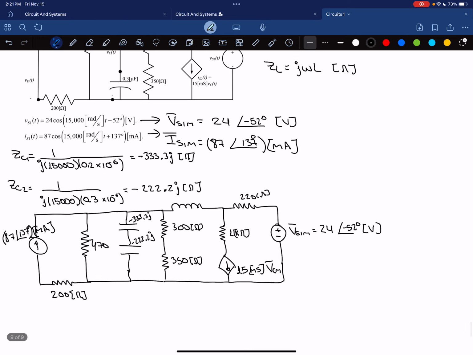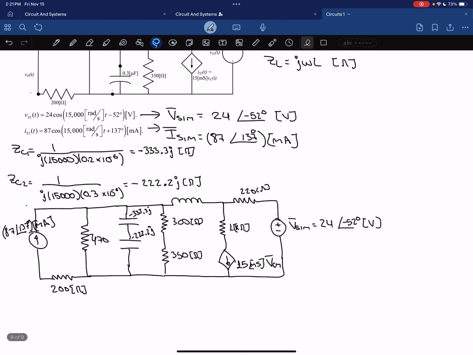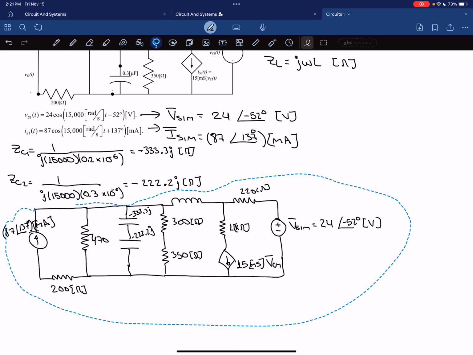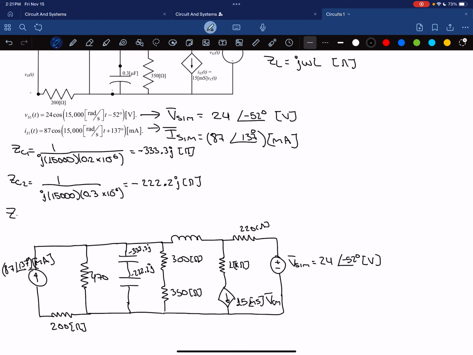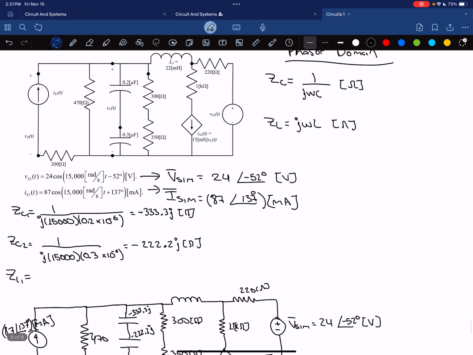Now we need the L, we need the inductor, right? I'm going to move this so we can have a little bit more space. So for the inductor, which is ZL1, we know that we have to use this. So ZL1 will be jω, which is 15,000 times L. L is 22 millihenry, so 22 times 10 to the minus 3.